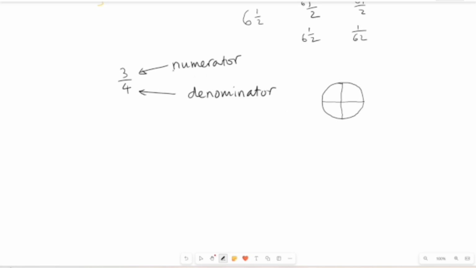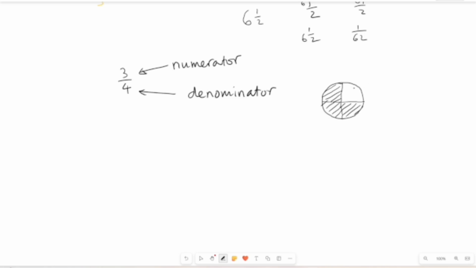And the numerator, the number on the top, tells us how many of these pieces we are dealing with. In this case, 3. So if I shade these in, there's the first piece, the second piece, and the third piece.